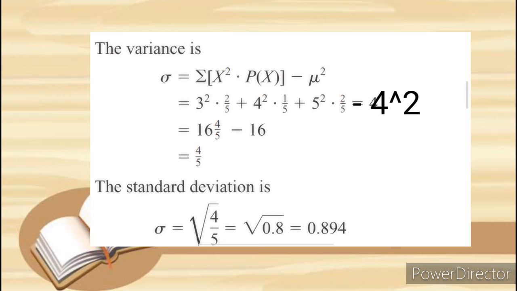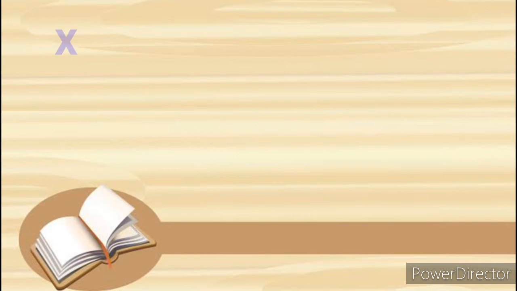The standard deviation is square root of 4/5 is equal to square root of 0.8 is equal to 0.894.